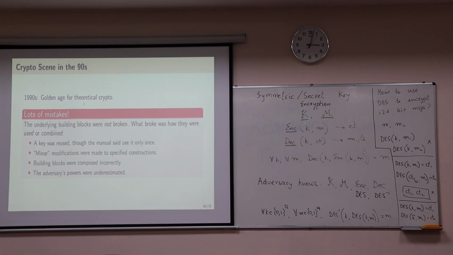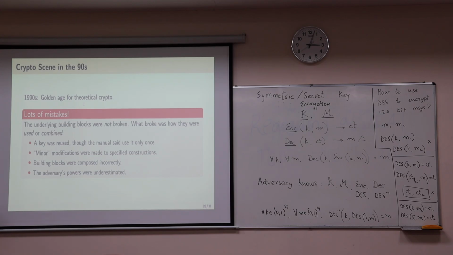The problem was, even though there were these instruction manuals, when they were implemented, there were a lot of mistakes. For instance, if the manual said that the key must be used only once, people ended up reusing the key. Another common mistake was that the manual said you need to sample prime numbers from a certain distribution, and implementers went ahead and sampled from some other distribution.